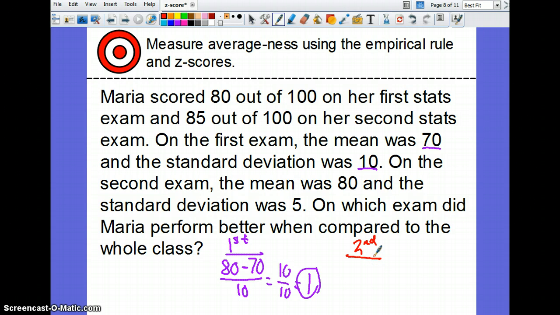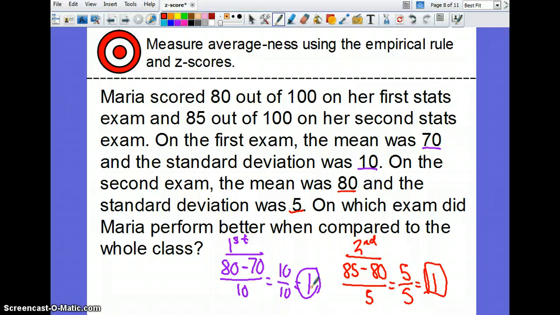okay, her score was 85, minus the mean on that test, which was 80. The standard deviation was 5. Okay, so on this one, 5 divided by 5, so this one is 1. Hey, notice something here? 1, 1. Her z-score is exactly the same on both tests.